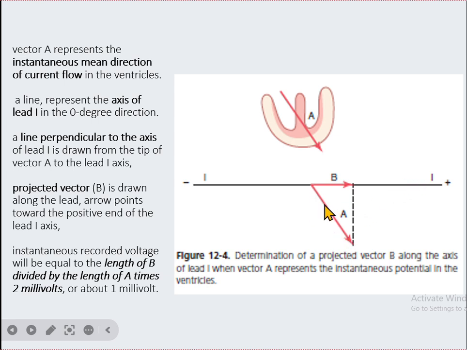For example, if this vector A deviates towards lead 1, when they are closer to each other, almost moving in the same direction, the amount of voltage recorded in lead 1 will also increase.